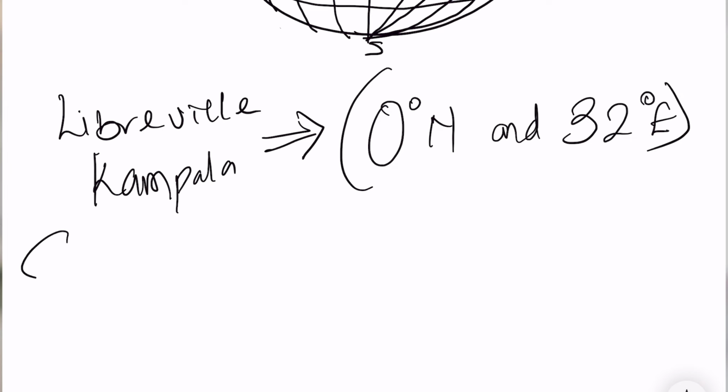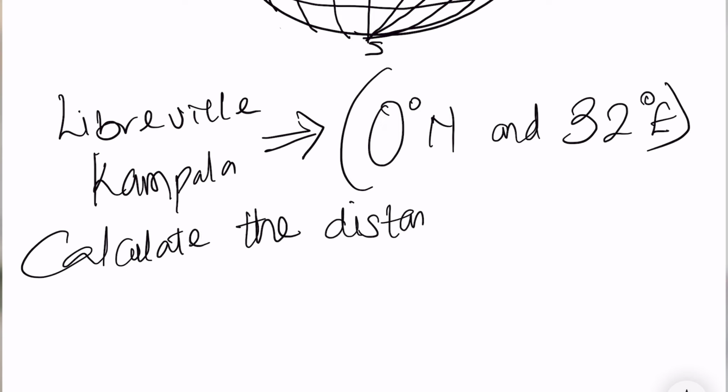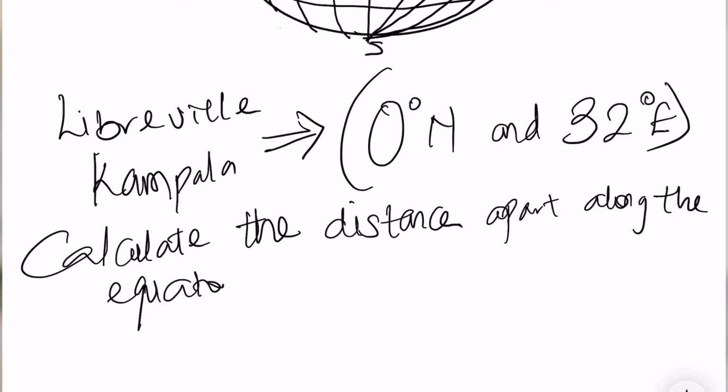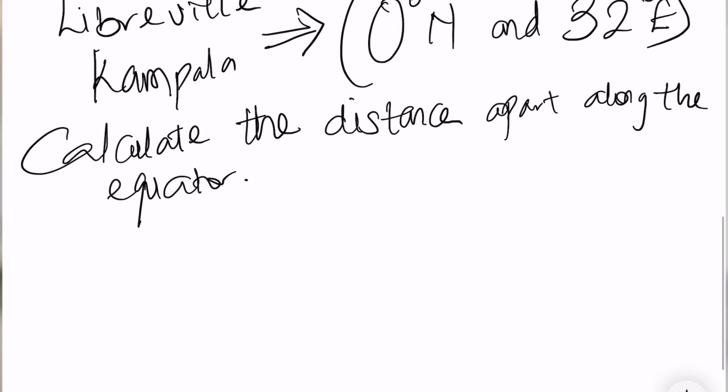So we have to calculate the distance apart along the equator. This shows that these lines are in latitude and the longitudinal parts. Now, we should know that the latitude is 0 degrees north along the equator.